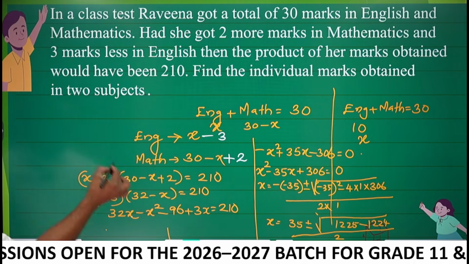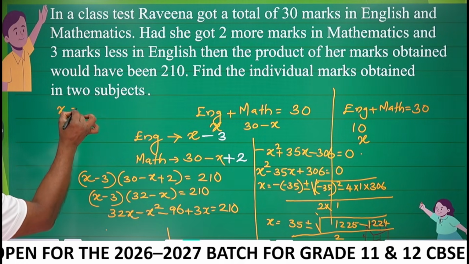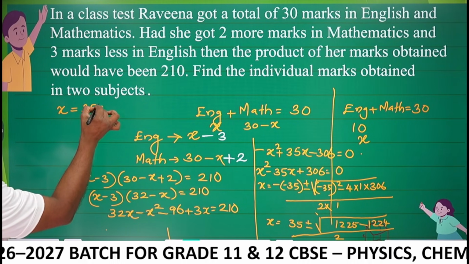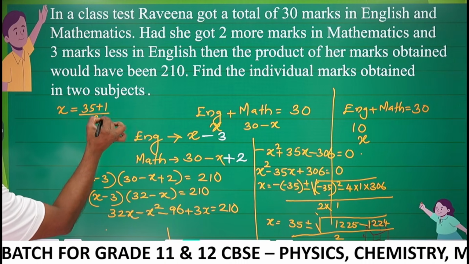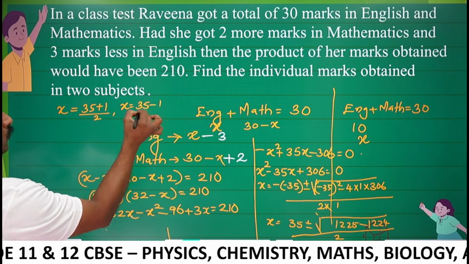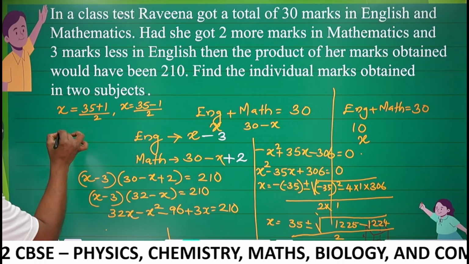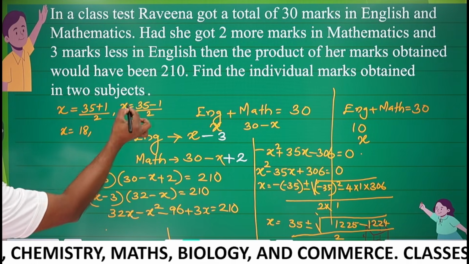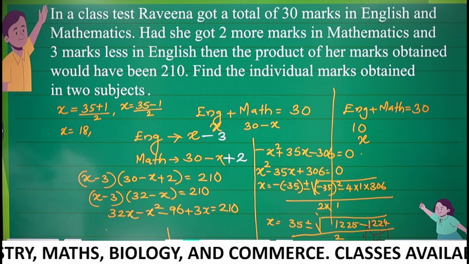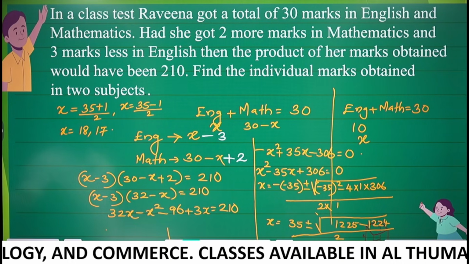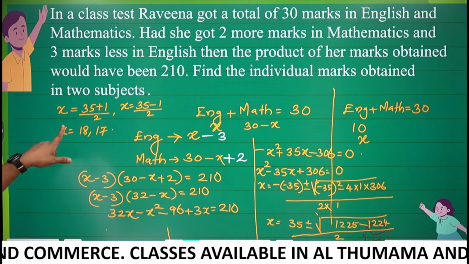So the two values of x are: the first value is x is equal to 35 plus 1 by 2, and the other value is 35 minus 1 by 2. And this will give you 36 by 2, that is 18, and this will give you 35 minus 1, that is 34 by 2, that is 17. So what is this x?